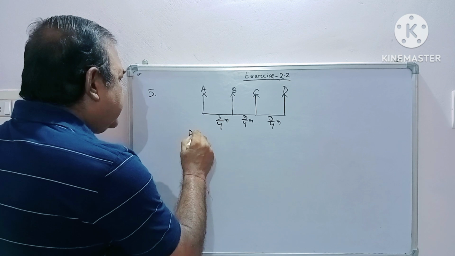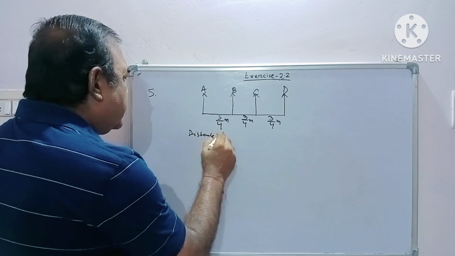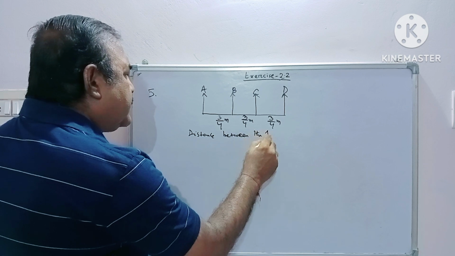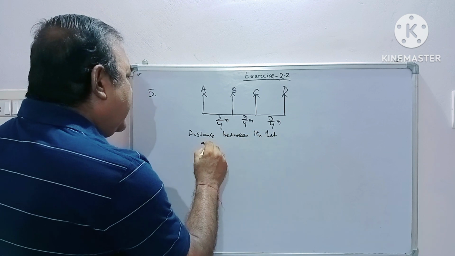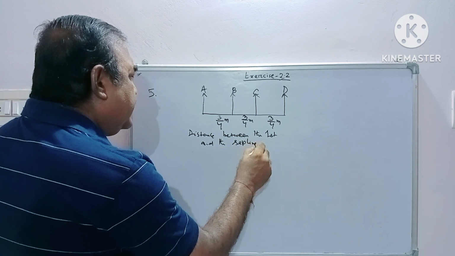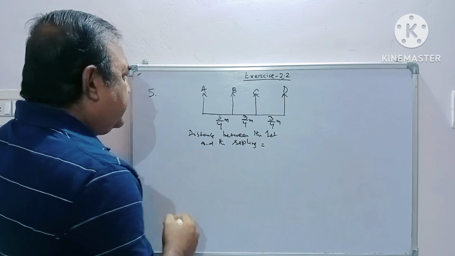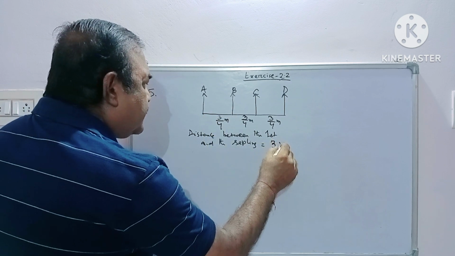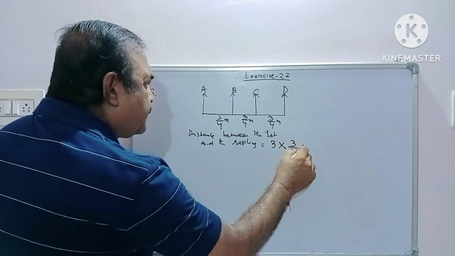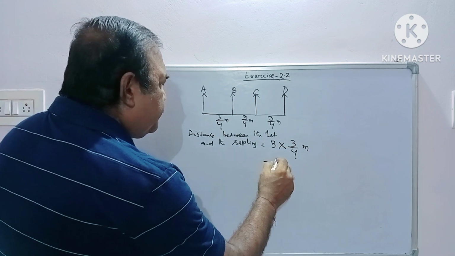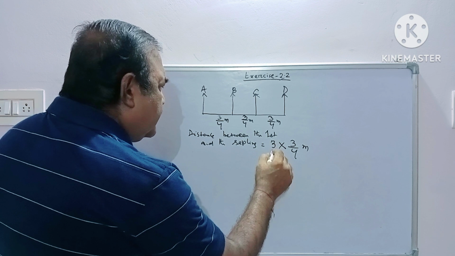So the distance between the first and the last sapling is equal to, you see, 3 times 3 upon 4 meter, because 3 means 3 upon 1.